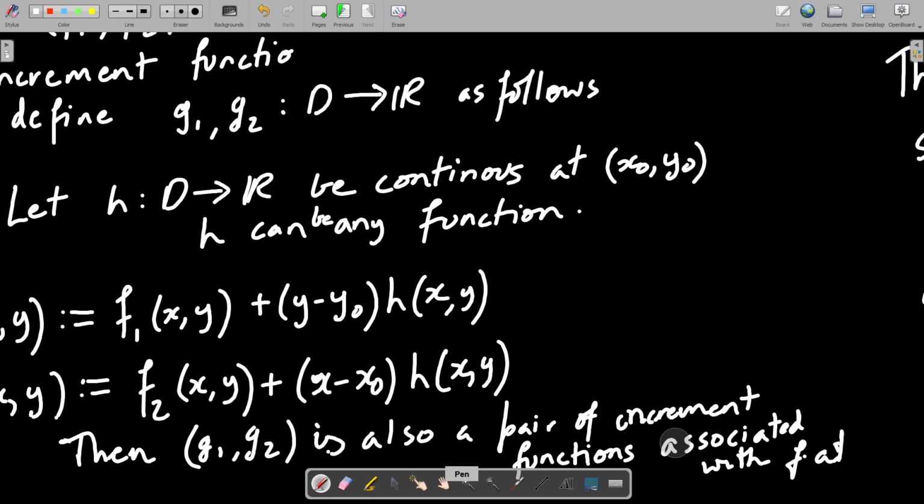So this becomes another pair of increment functions at x naught y naught, right?